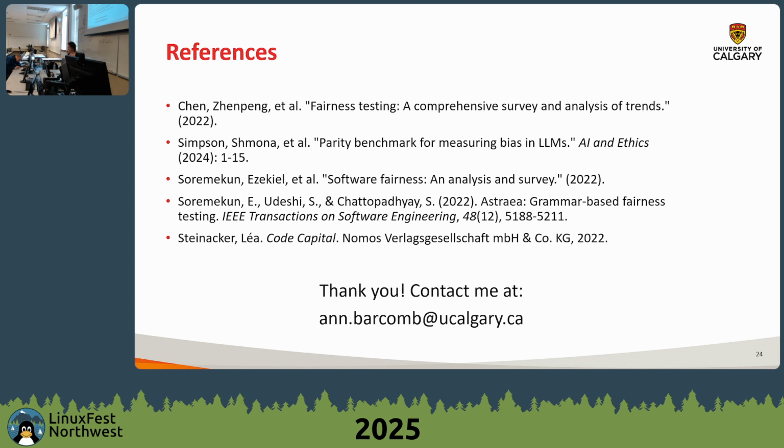So the second paper, for instance, is the one that came out with this data set that involved many different types of fairness that hadn't been tested before. And this last one, I have a whole bunch of bonus slides on that I didn't know if I was going to have time to get to or not. I think I probably won't, but I did want to talk a little bit about her work.